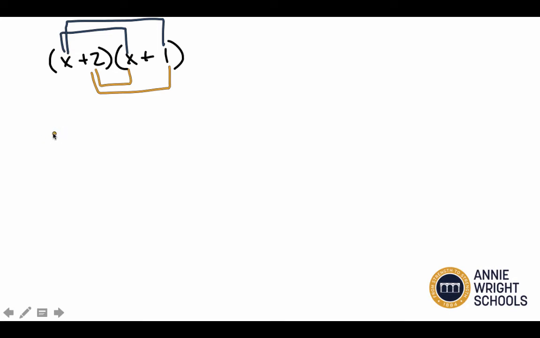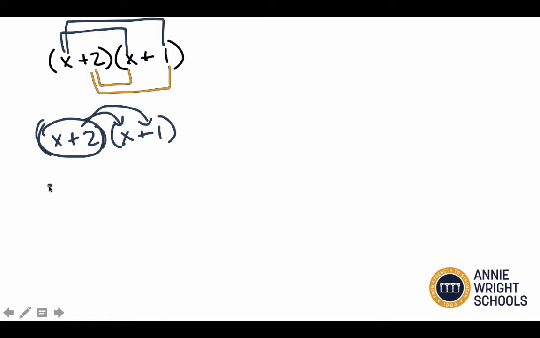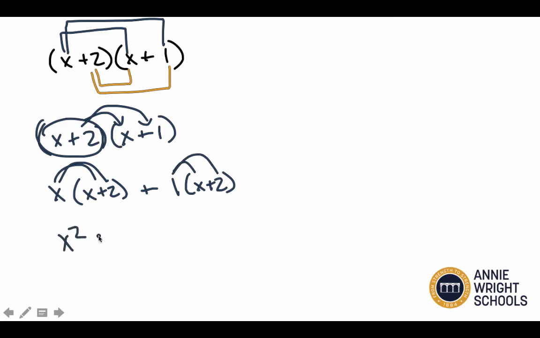That's just an acronym to help you to remember how to do it. What you're doing when you multiply what are called two binomials together, you're going to take this number and multiply it here. And that's going to give you x times x plus 2 plus 1 times x plus 2. And then you're going to distribute again. And you're going to get x squared plus 2x plus x plus 2. And then you're going to collect like terms. And there's your quadratic trinomial.